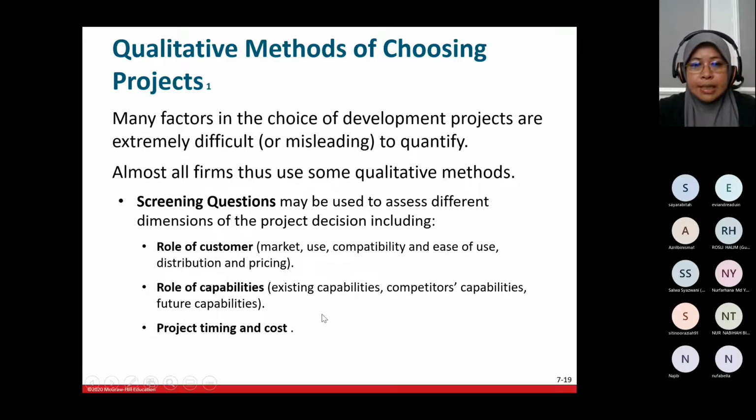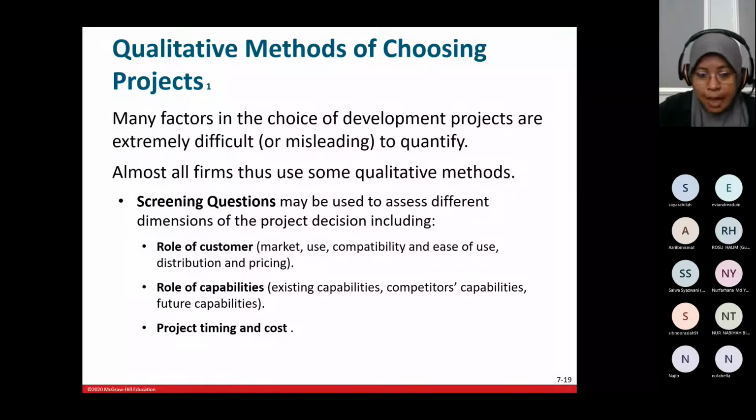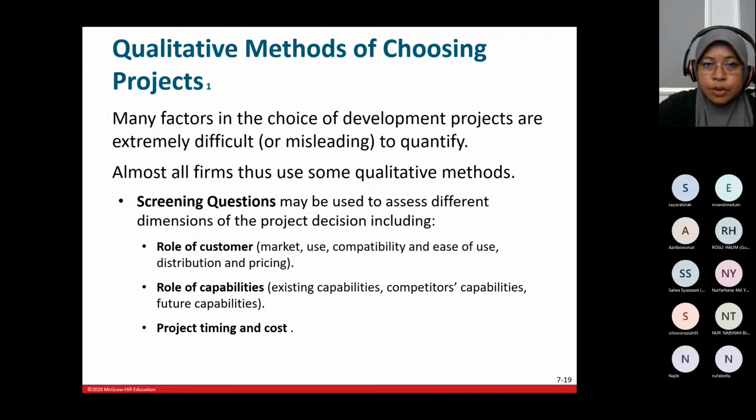And the role of capabilities, such as the existing capability, competitors' capability, and future capabilities, and also the project timing and cost. This may vary from one industry to another, from one situation to another. If, for example, the screening questions were asked in 2019, 2020, 2021 and 2022, from a qualitative perspective you would see a huge difference and the pattern is spread.